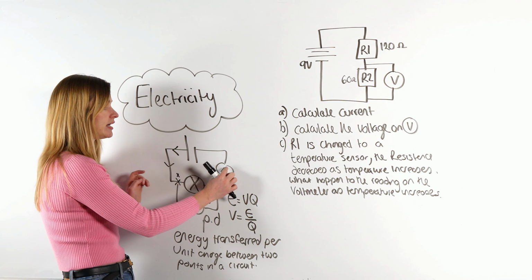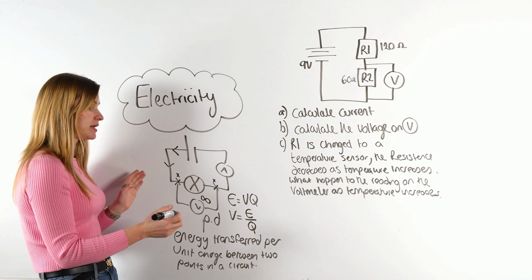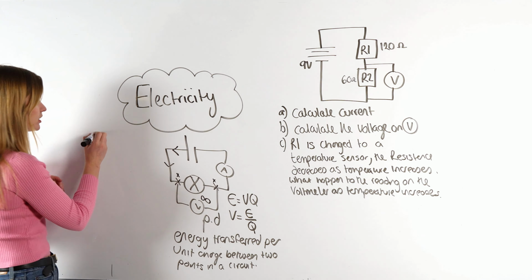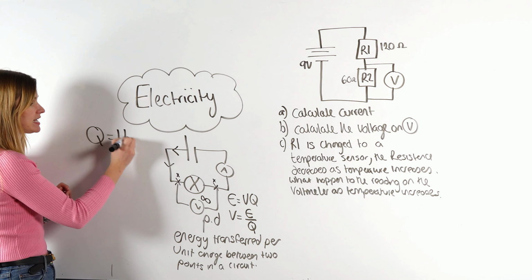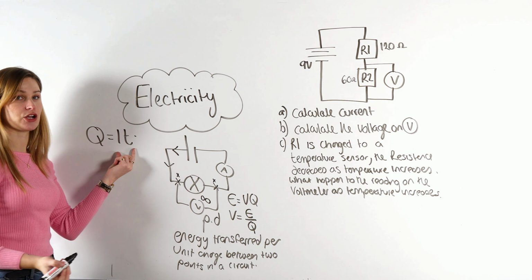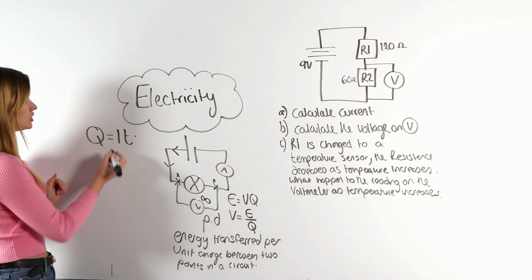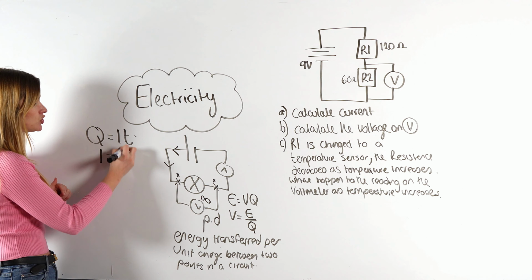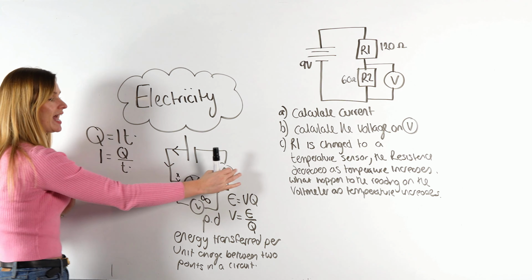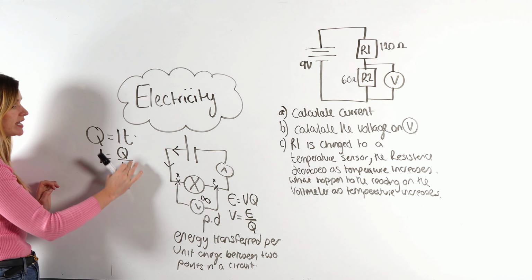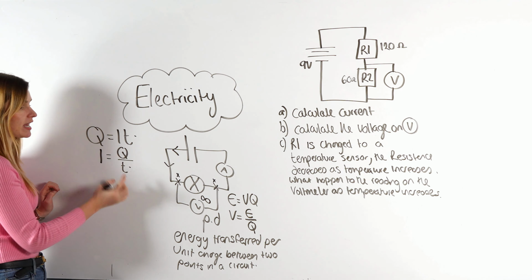And for an ammeter, the equation we know is Q equals IT. Okay, the way I remember it is the Queen is the it girl. The Queen was in charge of the country, so Q stands for charge. So to find what the current is, I can see it's Q over time. So what an ammeter measures is the rate of flow of charge, because 1 over time becomes rate.